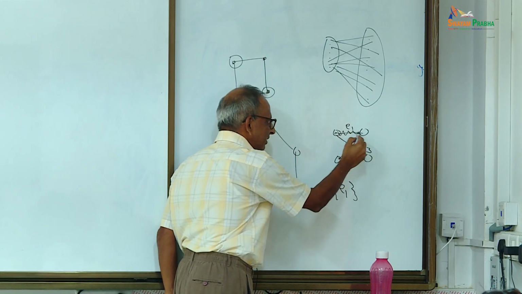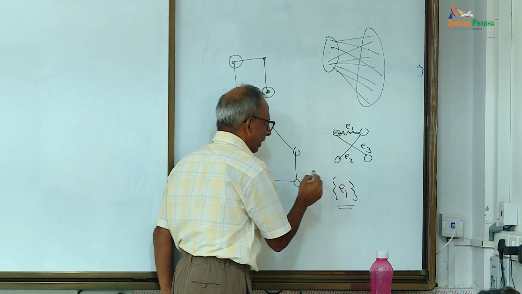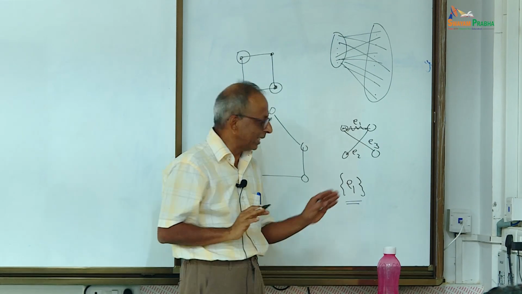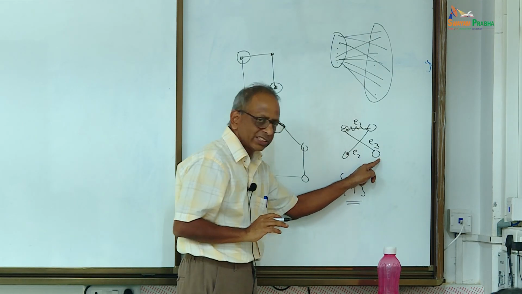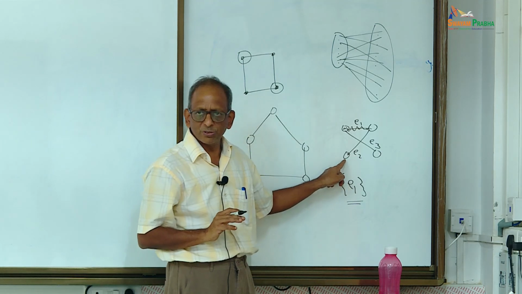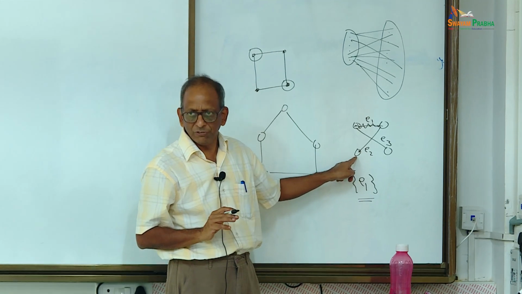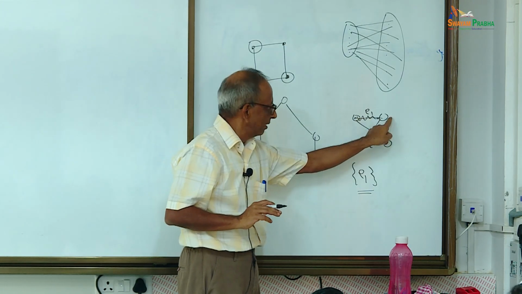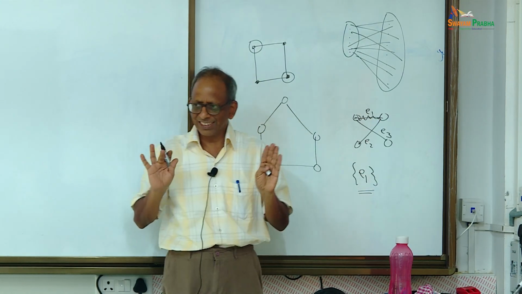This is a matched edge because it belongs to the matching. These two are not in the matching, non-matching edges. This vertex is what sort of a vertex? Free vertex. This is a free vertex. Matched vertex, matched vertex. Is everything clear?